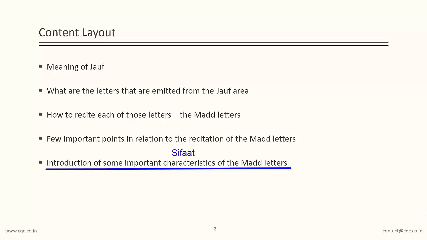But yes, I will certainly try to touch base on areas that are associated to the Makharij so that we get a clear understanding of how the letters are recited, keeping in mind some of those important characteristics. Once we finish our study of Makharij, we will then continue with the series which is specifically devoted to the identification and classification of characteristics, or the sifat, associated to each letter, inshallah.